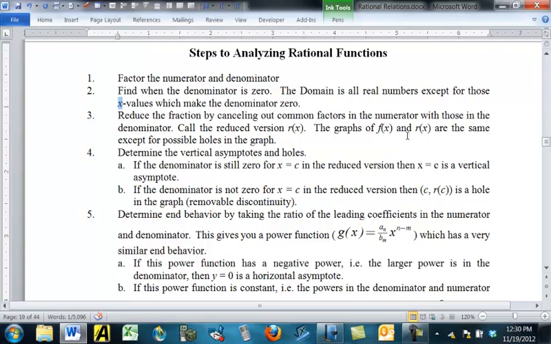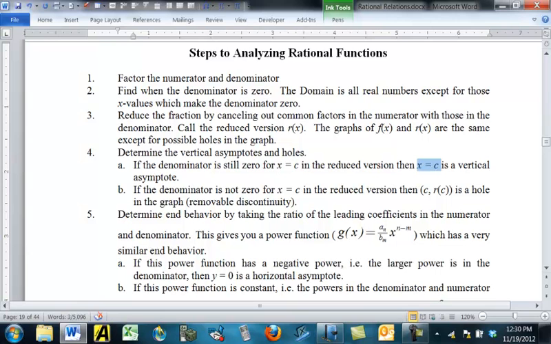Determine the vertical asymptotes and the holes. If the denominator is still 0 for x equals some c in the reduced version, then x equals c is a vertical asymptote.